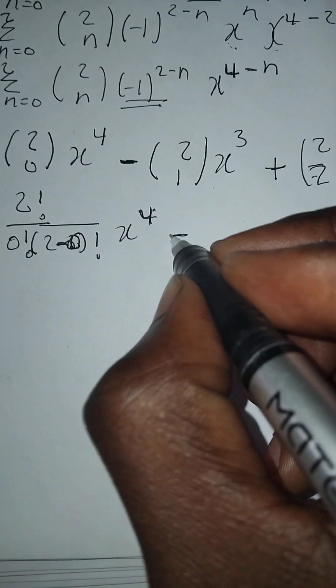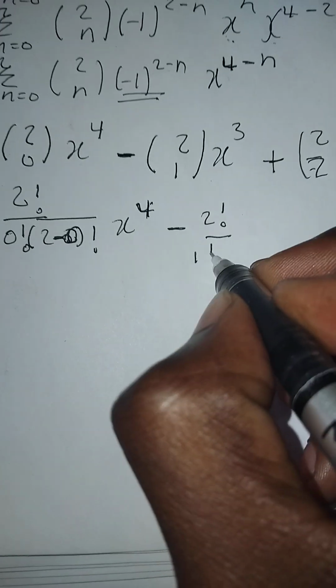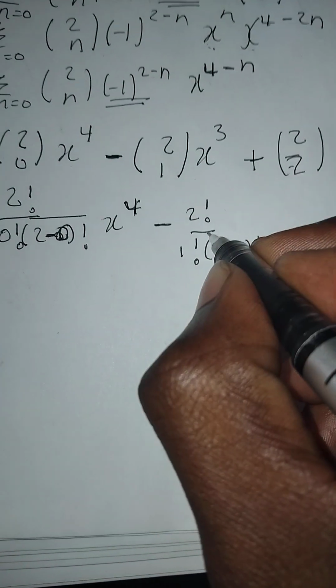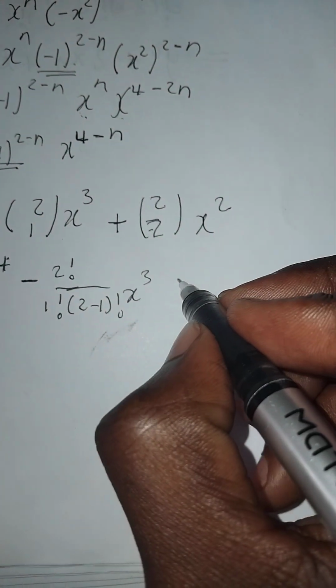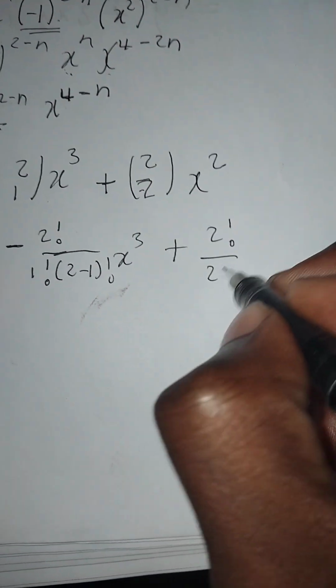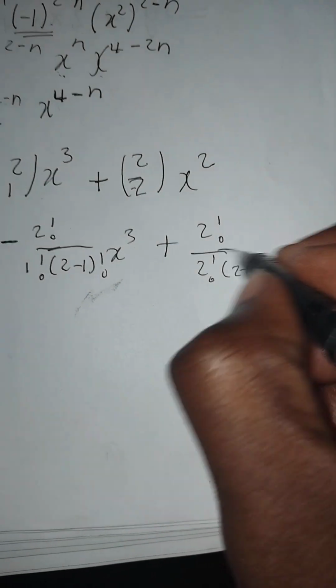Then minus 2 factorial over 1 factorial into 2 minus 1 factorial, just like that. Then x to the power 3. Then plus 2 factorial divided by 2 factorial into 2 minus 2 factorial. Then x to the power 2.